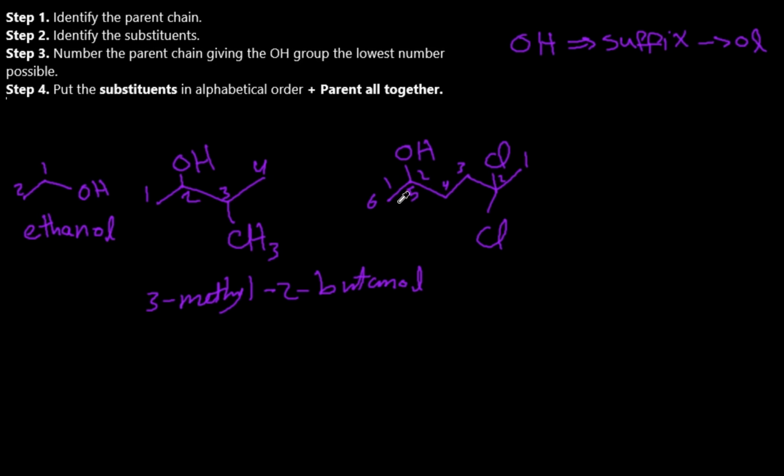So the numbering from the left is preferred. So this should be 1, 2, 3, 4, 5, and 6. So this should be called 5,5-dichloro-2, because the OH group or hydroxyl group is on the second carbon here, and we have here hexanol, so 2-hexanol.